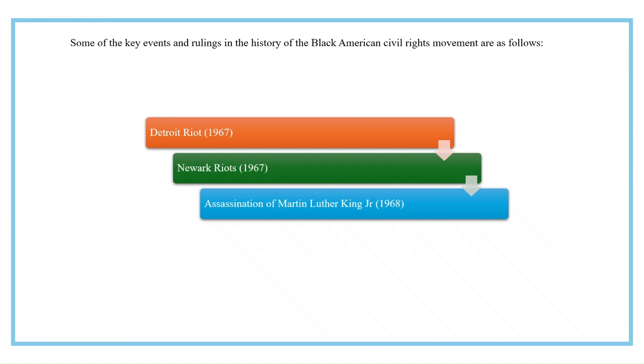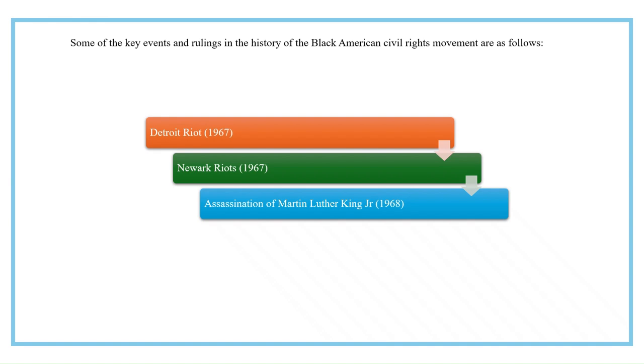During the conflict, the National Guard was called in to occupy the streets with tanks and troops. The violence resulted in 26 deaths, hundreds injured, thousands arrested, and millions of dollars of property destroyed.